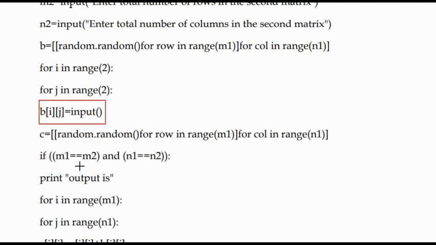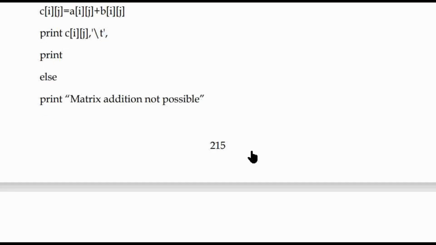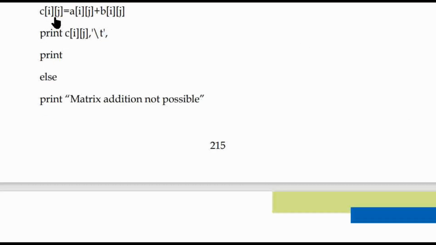If M1 is equal to M2 and N1 is equal to N2, print output, for I in range M1, for J in range N1, C[i][j] equal to A[i][j] plus B[i][j], print C[i][j] slash t, print else, print matrix addition not possible.